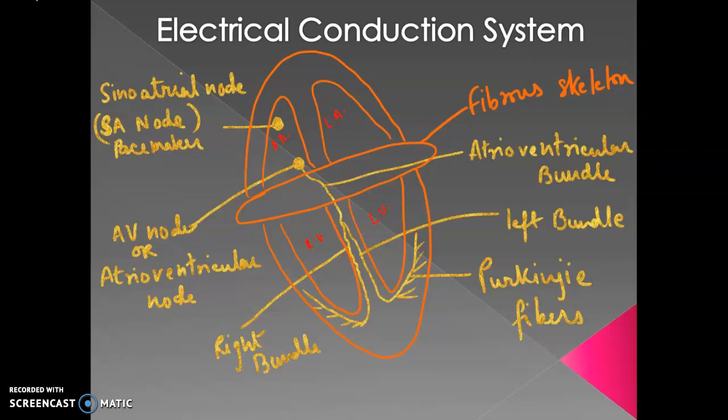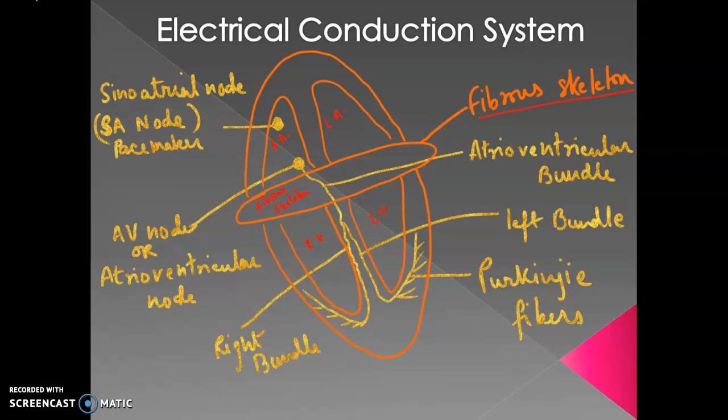We also see the fibrous... what is this called? The fibrous segment? No, this is the fibrous skeleton. My bad, sometimes. Oh, I actually labeled it here. Okay, so these are the four chambers, and we also see the fibrous skeleton here.